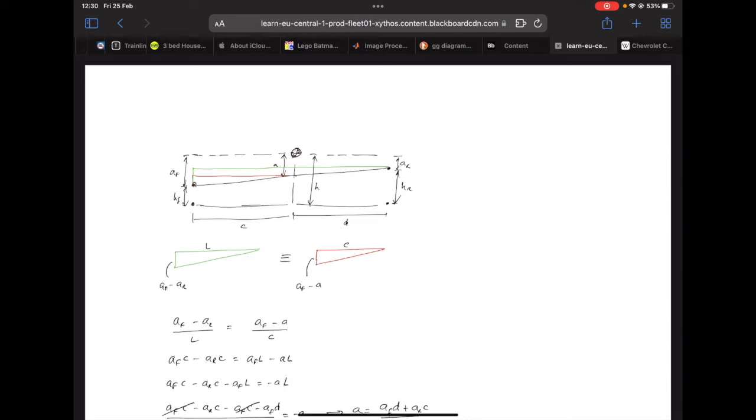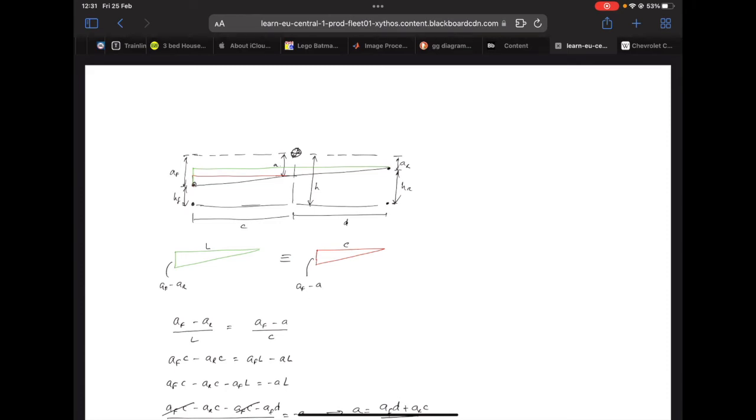And you've got a couple of triangles here. There's this red triangle, which is the distance. And you've got a green triangle. So you've got length for the green triangle. That's going to be AF minus AR. That distance minus that distance. And there's another triangle here, which is distance of C. And then this distance is AF minus A. These are similar triangles.